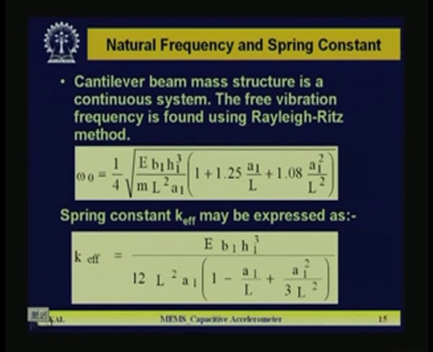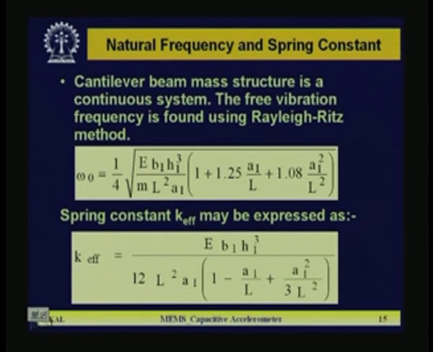All those things decide the natural frequency or vibration frequency, and that omega naught is given by this relation: 1/4 under root E B1 H1 q divided by m L square A1 multiplied by 1 plus 1.25 A1 by L plus 1.08 A1 square by L square.